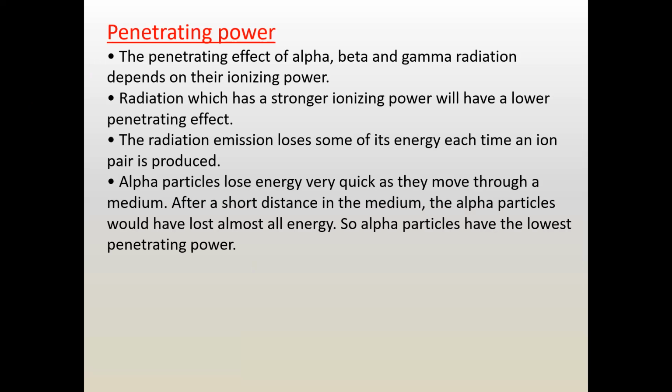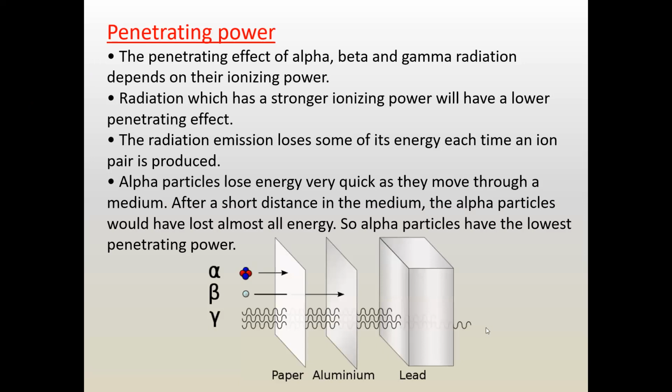Then penetrating power means range. As we know, alpha particles travel slower than beta, and beta travels slower than gamma. So the highest range is for gamma. For alpha, if we place a paper, we can stop this alpha radiation, which is 2 protons and 2 neutrons.